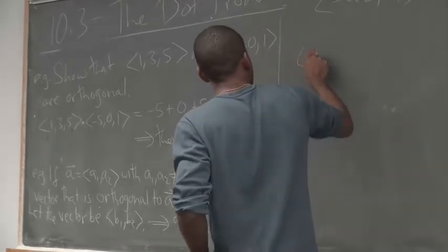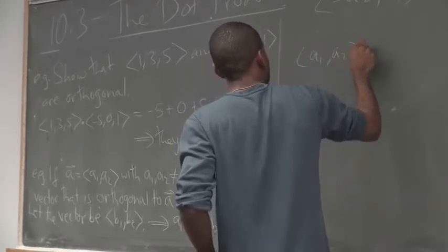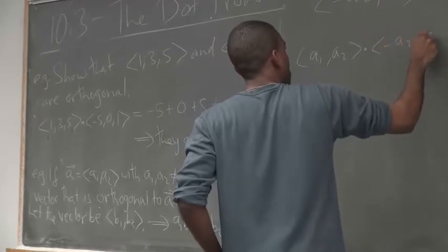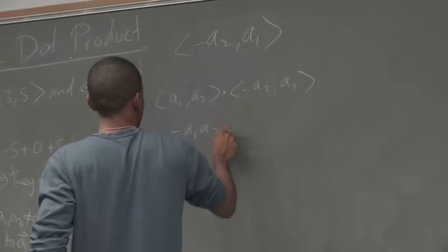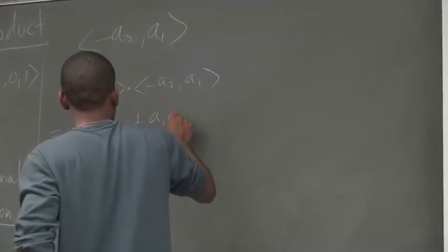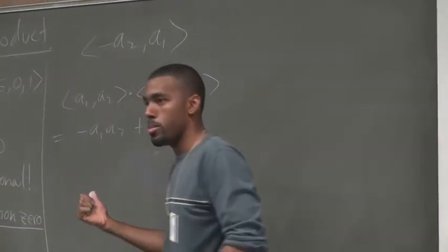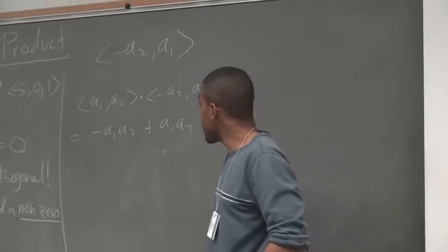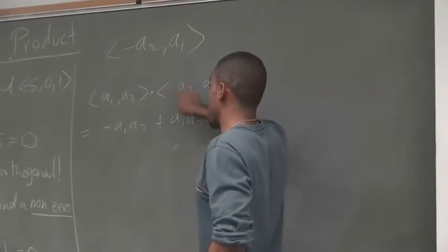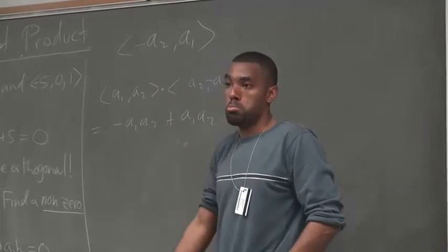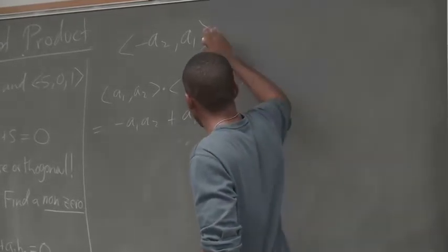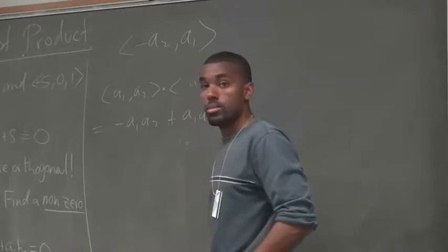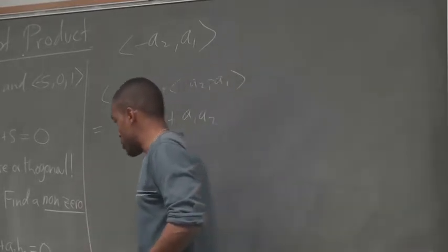Because then if you take A1, A2 dot product with minus A2, A1, that would give you minus A1 A2 plus A1 A2. You'll always get 0 no matter what A1 and A2 are, right? And it doesn't even matter which one you put the negative on. I could have put the negative here. That would still work. I could have even done reciprocals.